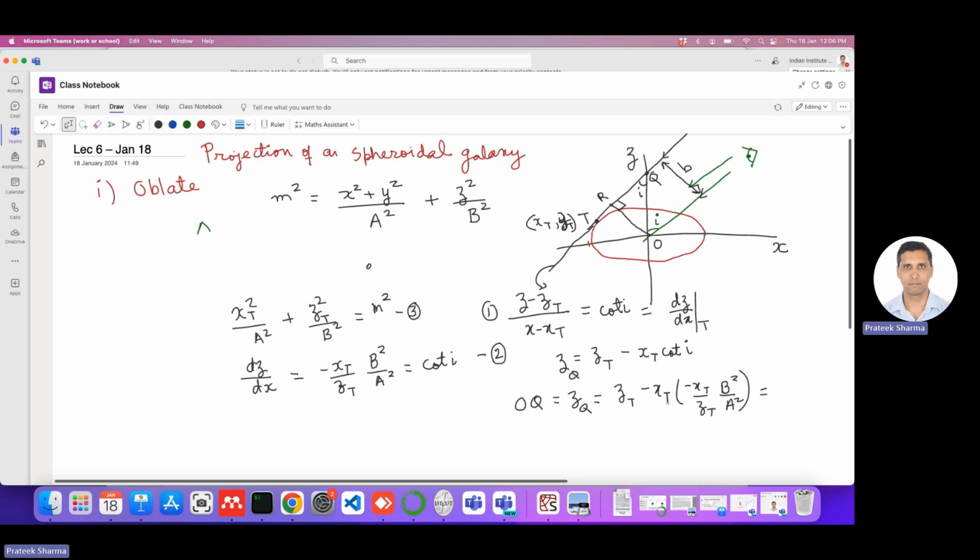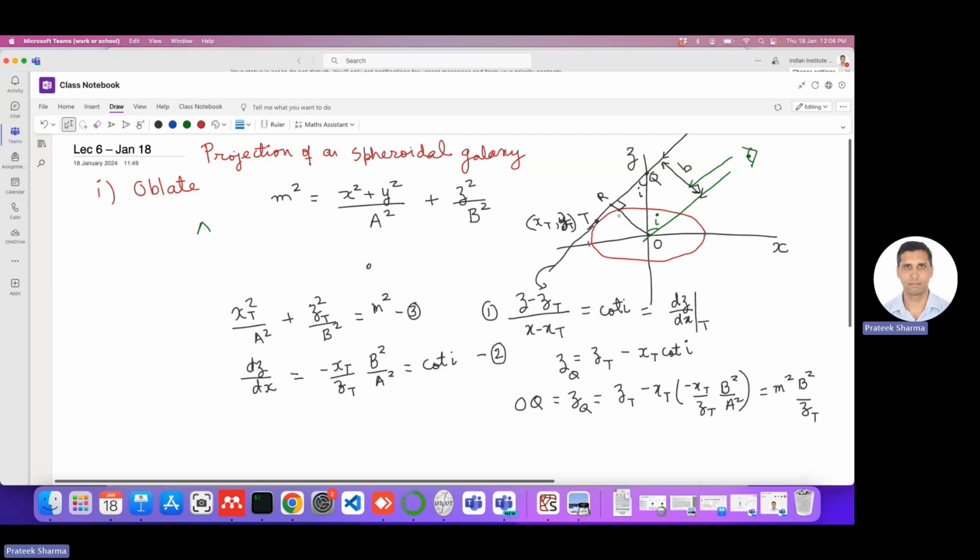We can see that this is xt squared by a squared plus zt squared by b squared, which is nothing but m squared. So after plugging in, we get m squared times b squared by zt. So we got this distance OQ.